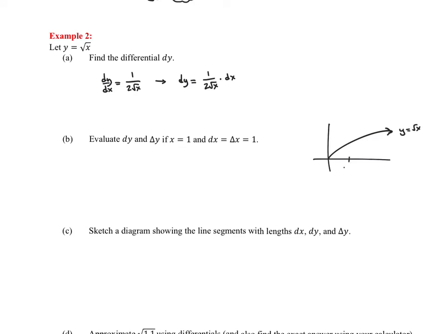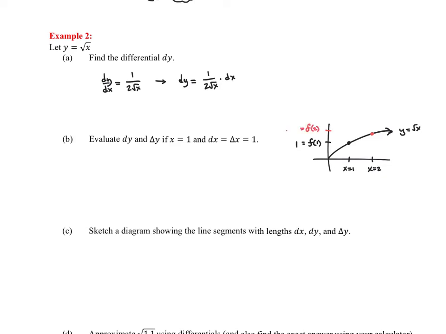and I know when x equals 1, here is my f of a, which in this case, square root of 1 is 1, and I want to approximate the square root of 2. Okay, so I'm going to approximate f of 2.